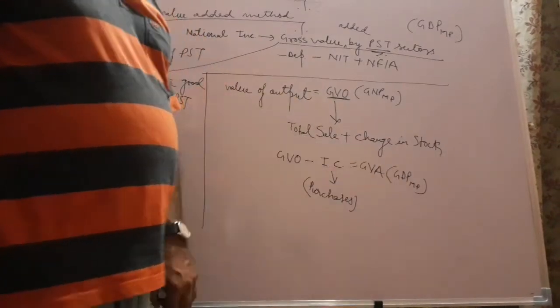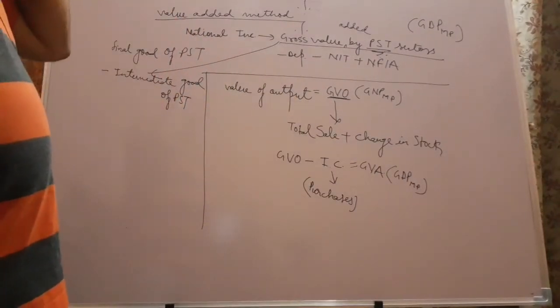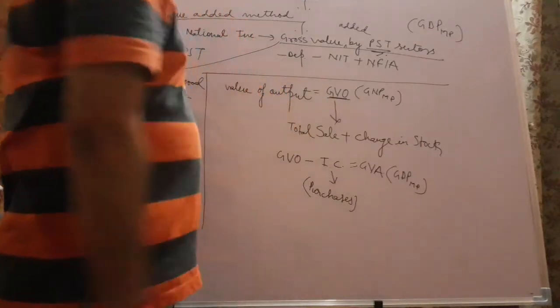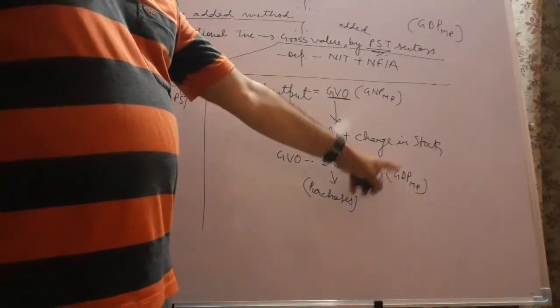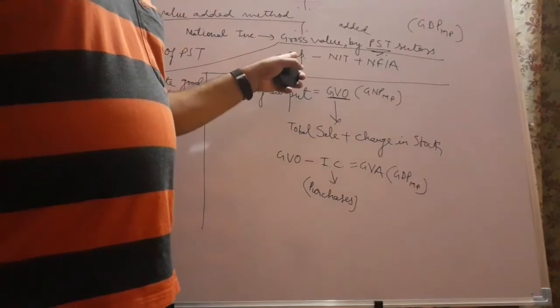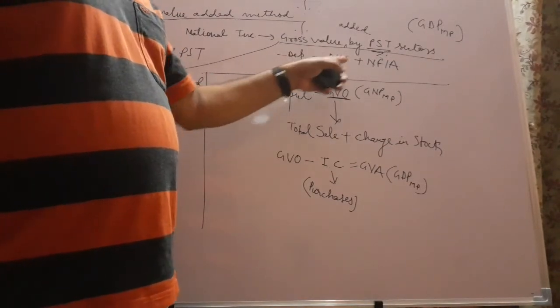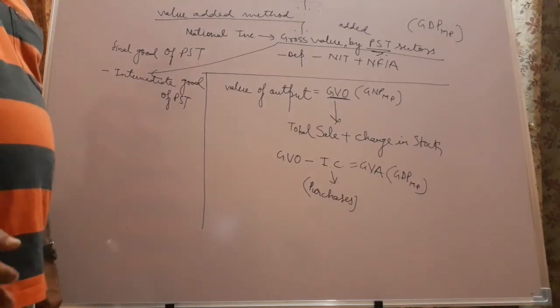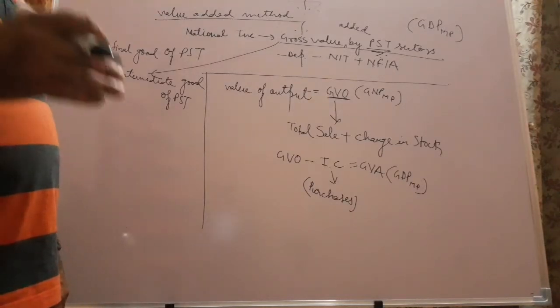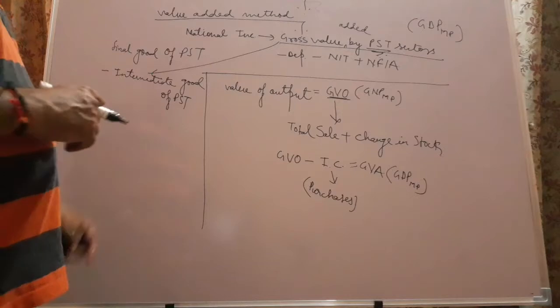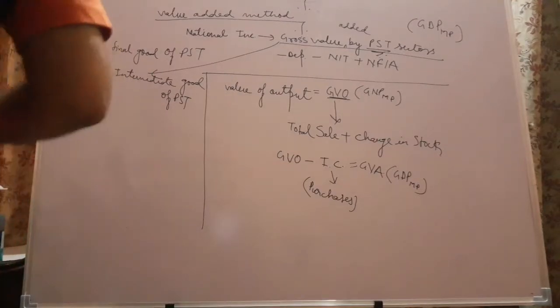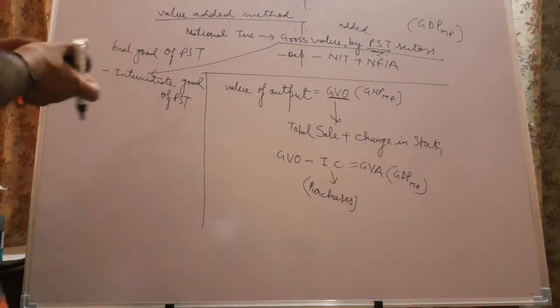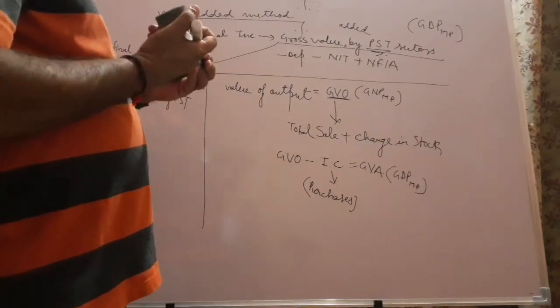From GDP MP, we can approach NNP FC by subtracting depreciation and NIT and adding NFIA. All the purchases will be known as intermediate consumption. Is that clear? Let us study with the help of one example.